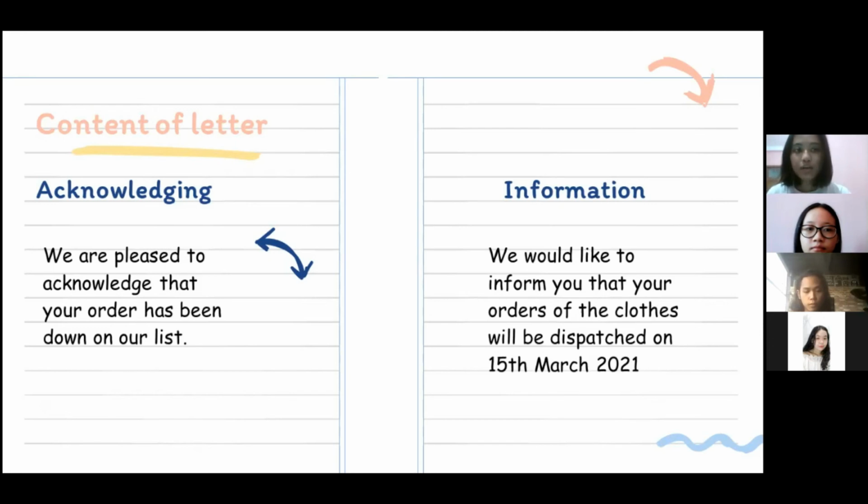For example, we are pleased to acknowledge that your order has been put on our list. And the second is you write about the information. For example, we would like to inform you that your order of the clothes will be dispatched on 15 March 2021.